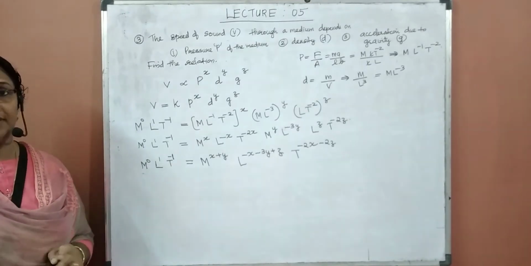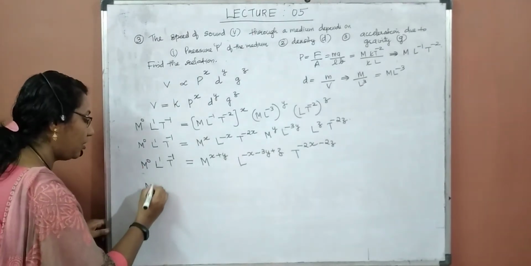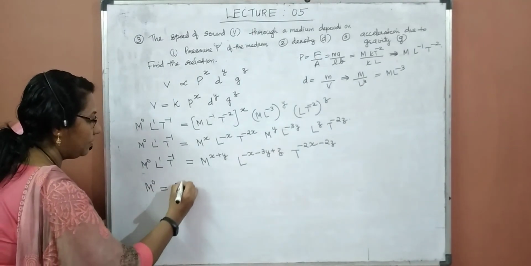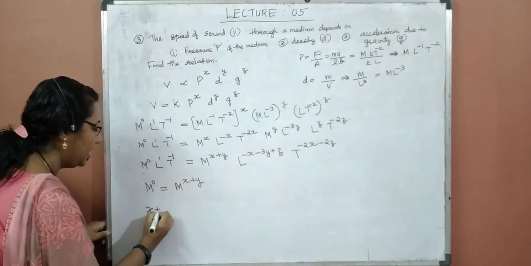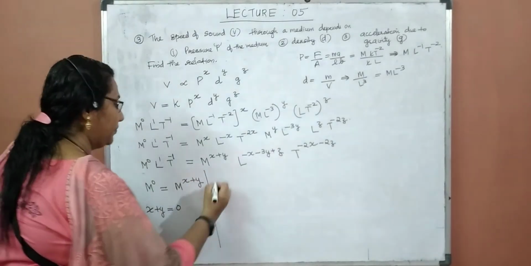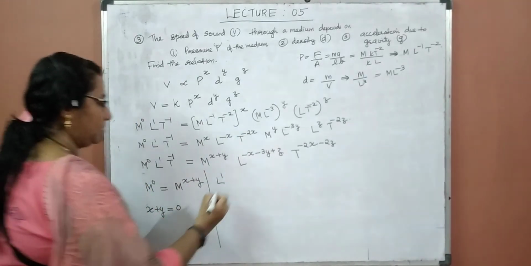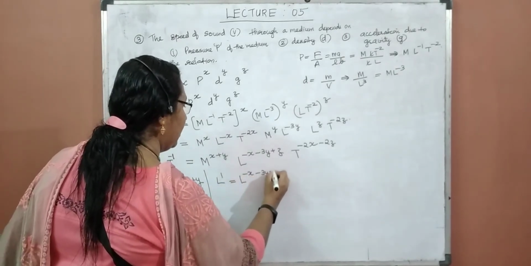Now we have to solve this. According to the principle of homogeneity, M raised to 0 on the LHS will be equal to M raised to x plus y on the RHS. Or we can write x plus y is equal to 0. Next, L raised to 1 on the LHS is equal to L raised to minus x minus 3y plus z.